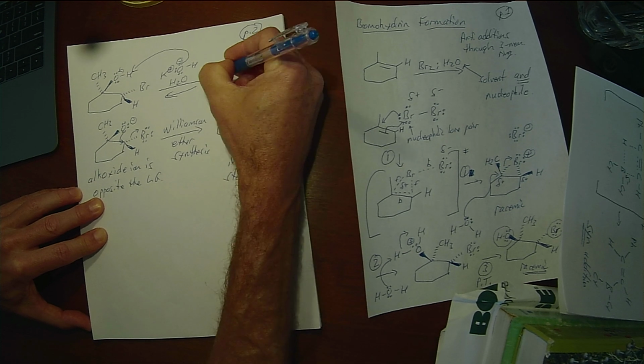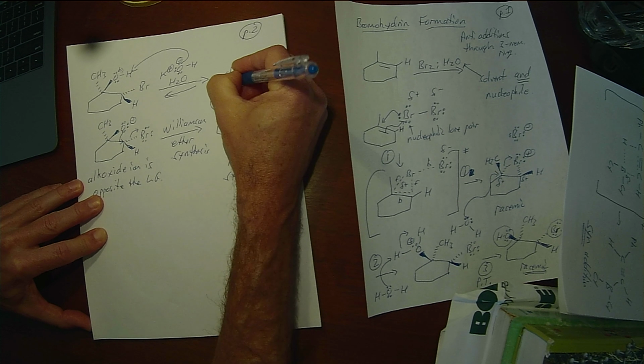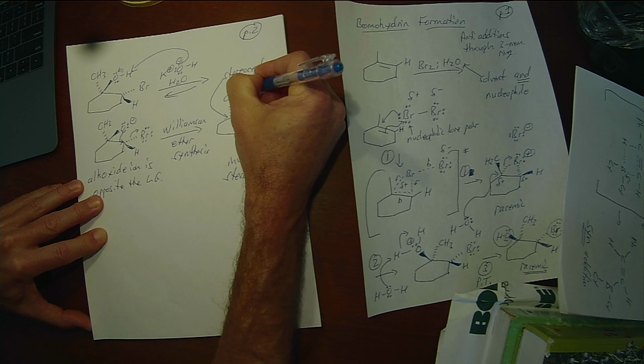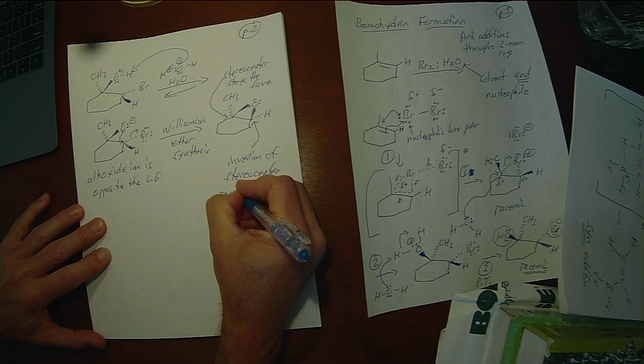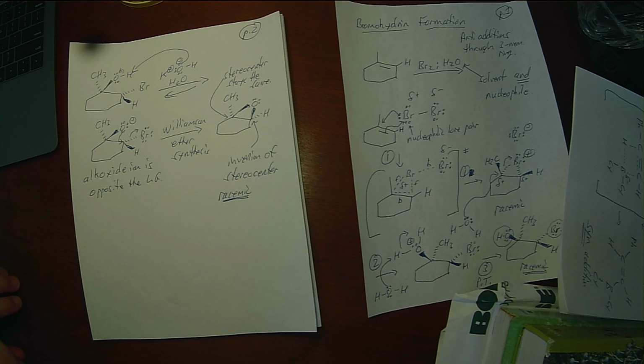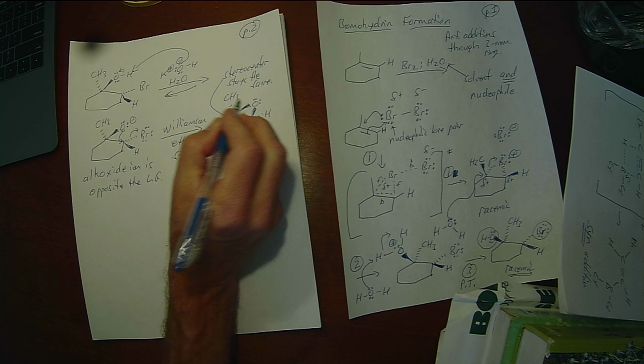This stereocenter remains the same. So we've made an epoxide, and this would also be racemic because the initial attack on bromine, because that's a planar molecule, can happen equally at the top face and the bottom face. So this is a way of making epoxides.